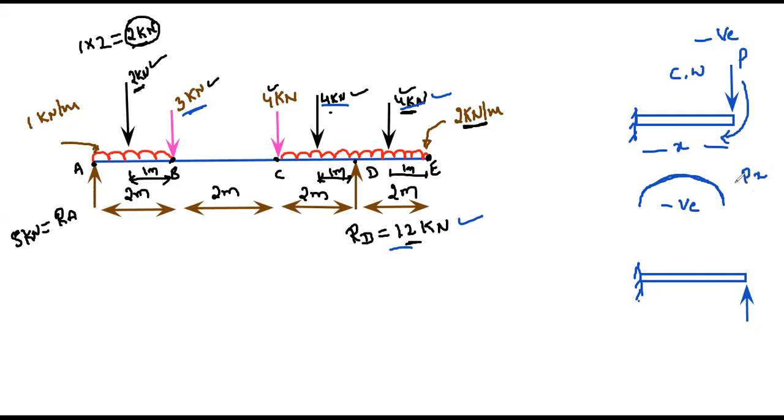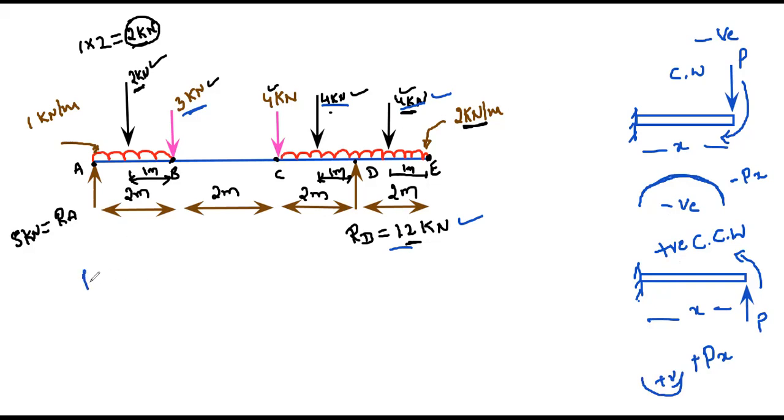This is acting in counterclockwise direction. Counterclockwise direction we treat as positive, so it creates a sagging moment. So we consider it as positive. So these two we need to understand. This is the sign convention to calculate the bending moment from the right side.